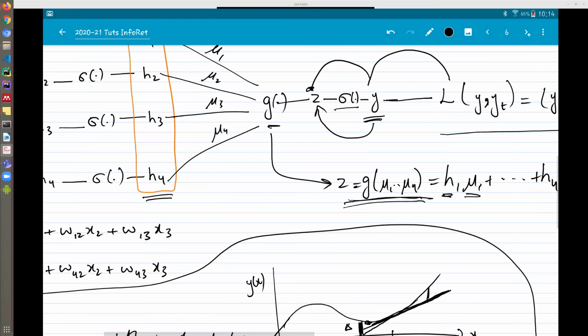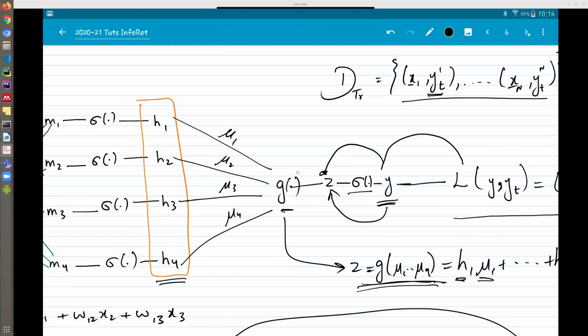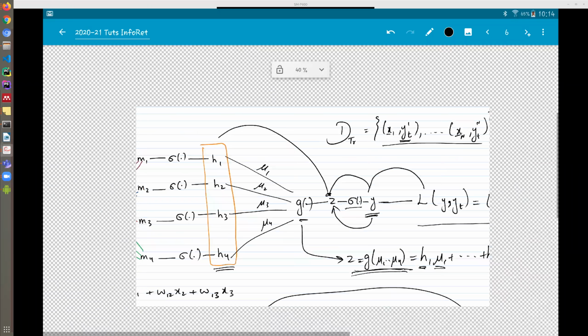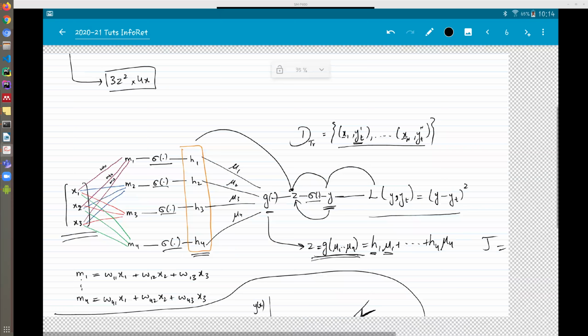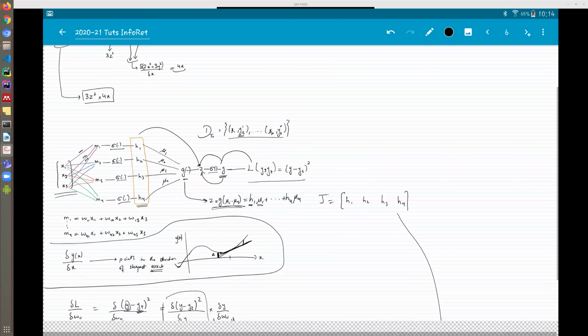So now when we talk about h, we are at this position, and we can see that h1 is equal to the activation function of m1, and similarly h2 is equal to the activation function of m2, and so on for h3 and h4, right?